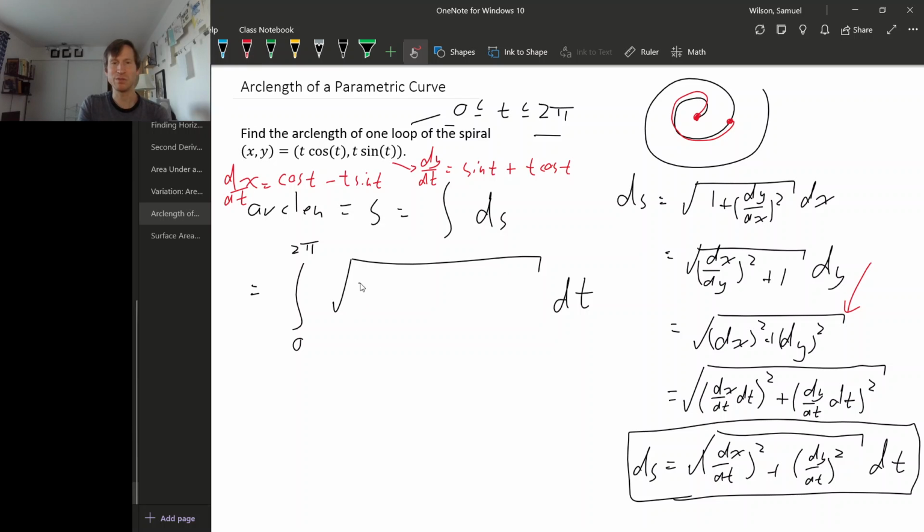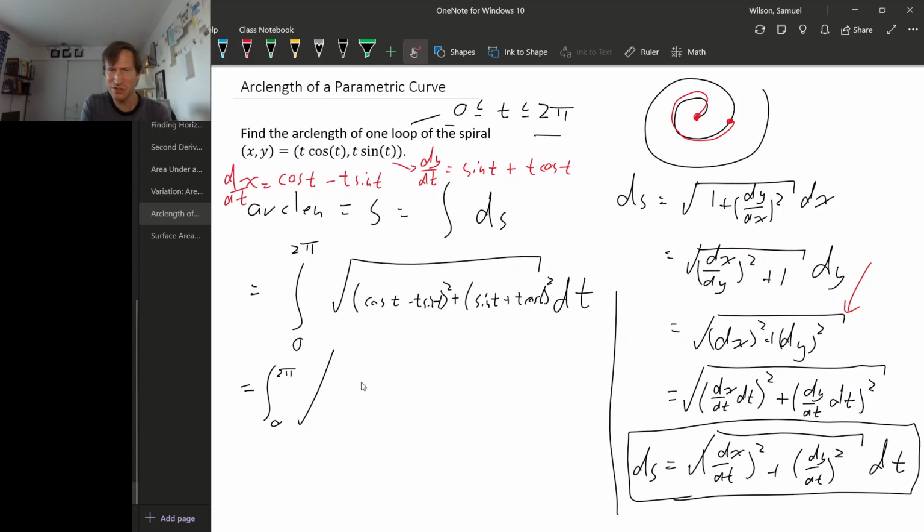Now we can put this all into our integral: the square root of (cosine t minus t sine t) squared plus (sine t plus t cosine t) squared. I'm writing small because I'm trying to fit it all in. Now we're going to have to multiply all this out, so this is going to get worse before it gets better. But let's keep our fingers crossed for something that we can integrate.